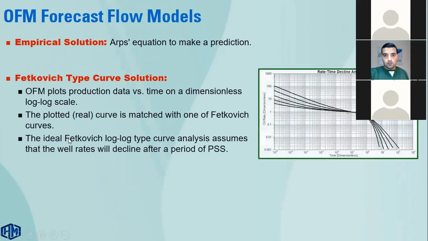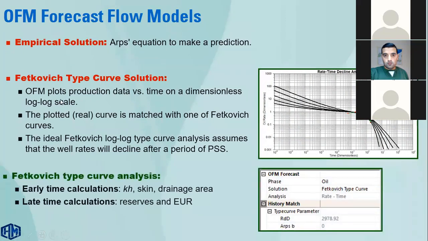And often we have different techniques for analysis: the empirical solution like the Arps equation, and second, the Fetkovich type curve like this. The Fetkovich type curve will plot the production data over the dimensionless log plot, as you can see, and after that we will match our data on one of the available curves to get the reservoir parameters and to calculate the reserve and estimated ultimate recovery.